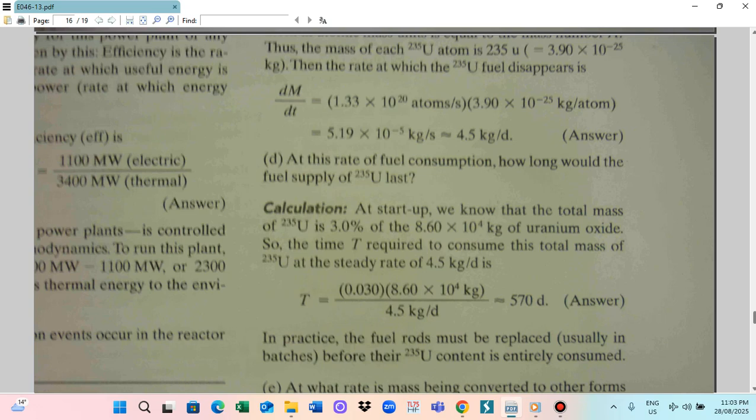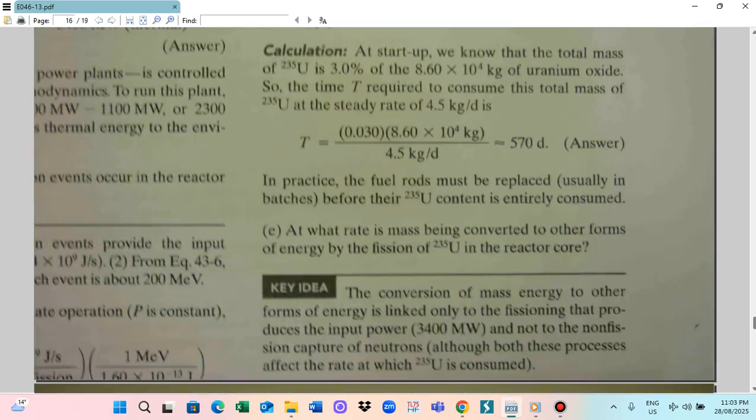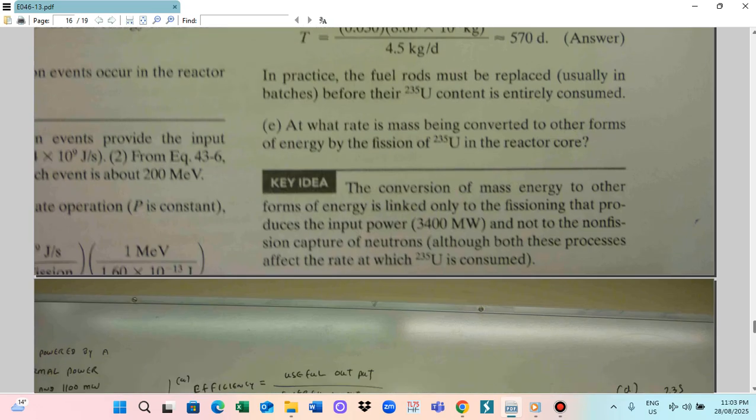And now finally, the energy rate must be converted to another form of energy by fission of uranium-235. So in this case, the rate of change of mass can also be calculated, dm by dt.